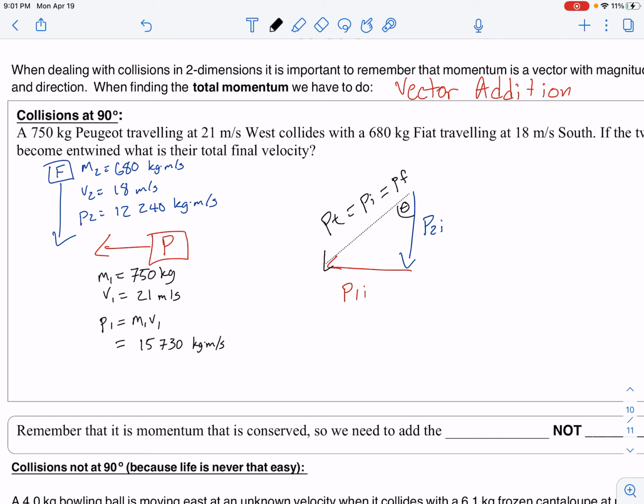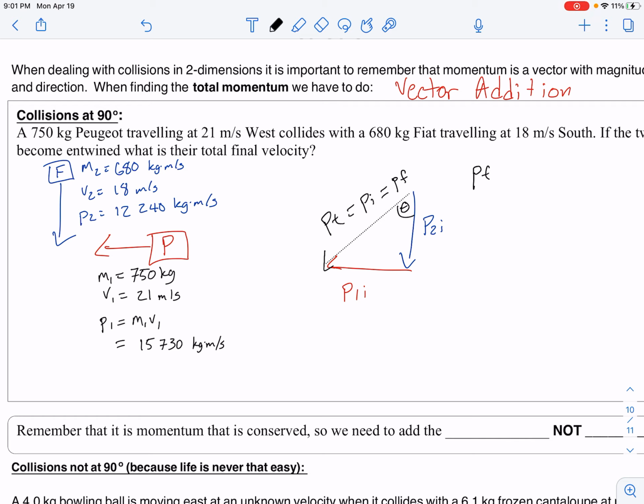Now, crucially, in a collision like this, we're going to have an angle here. We don't know necessarily what that is yet. But what's helpful here is since we have a simple right triangle and we already know two sides, we know what this momentum is and what this momentum is, we can just use Pythagoras to figure out this third side. Okay?